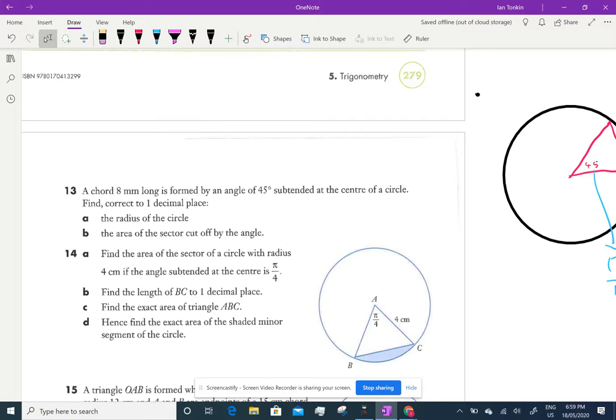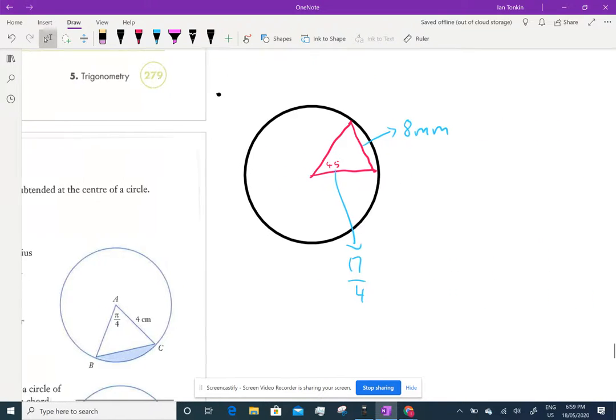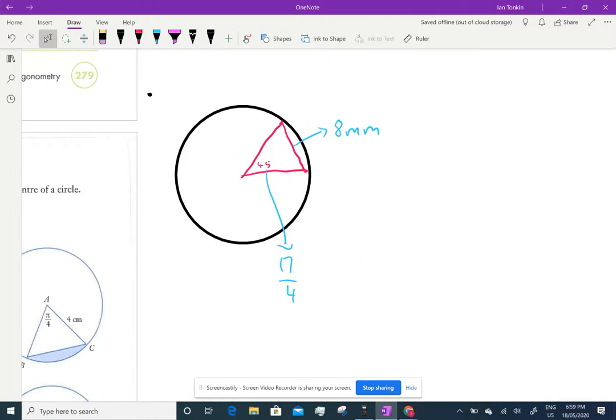So, find the radius of the circle. Okay, so what I'm going to do is I'm going to redraw this triangle. I'm going to keep it in the same spot, and I know that's 8. But what I'm going to do is I'm going to drop an altitude. And I know that this is pi on 8.